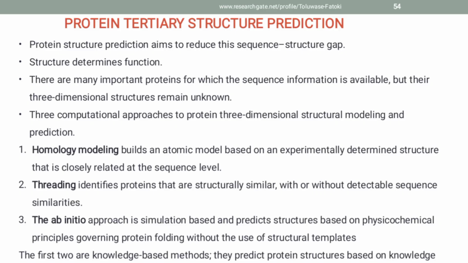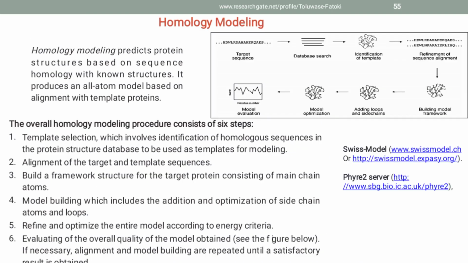All of these help us to predict our protein tertiary structure. So homology modeling predicts protein structure based on sequence homology with a known standard structure, and it produces an all-atom model based on alignment with the template.